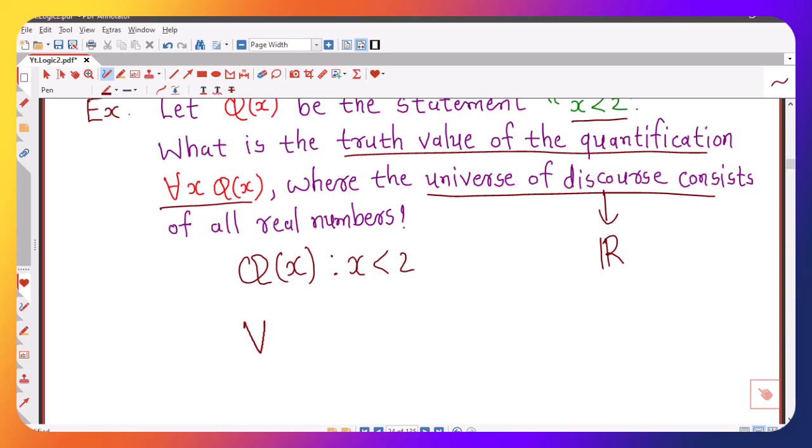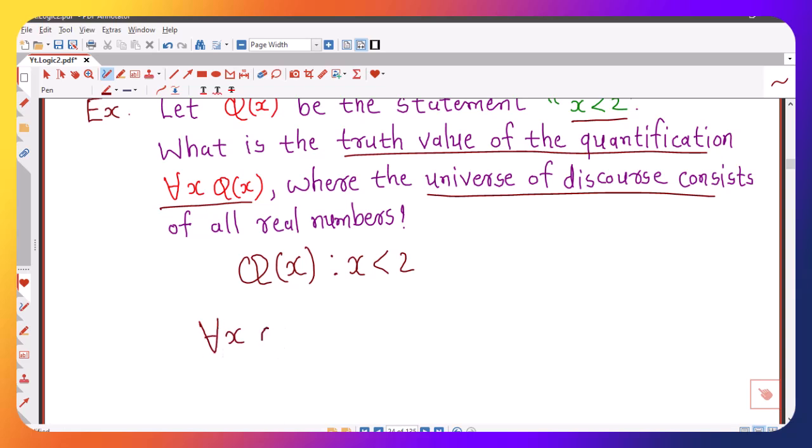That means we have to check whether for every x in the set of real numbers x is less than 2. So this is obviously not correct. Suppose I consider x equal to 3, then I will obtain 3 is less than 2, which is not true. Therefore the truth value of this quantification is F, or it is false.